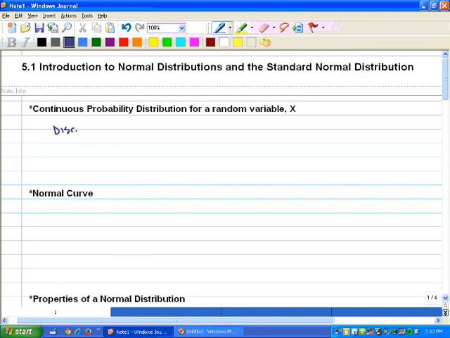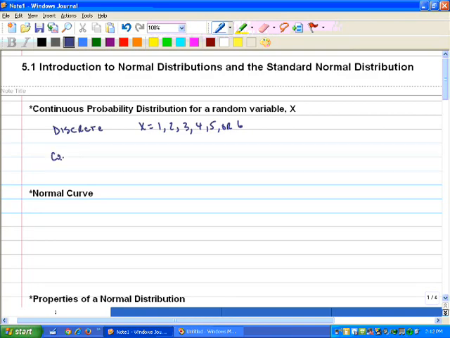In a discrete probability distribution, like the rolling of a six-sided die that we talked about, your random variable x could equal 1, 2, 3, 4, 5, or 6. A fixed number of possible outcomes.